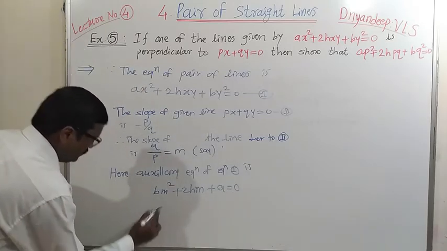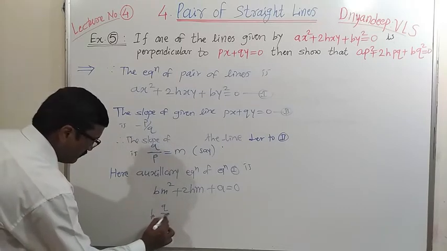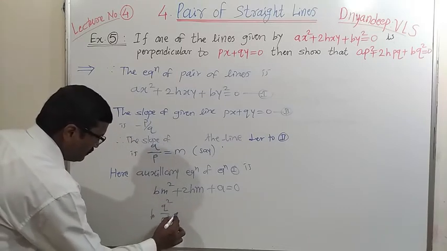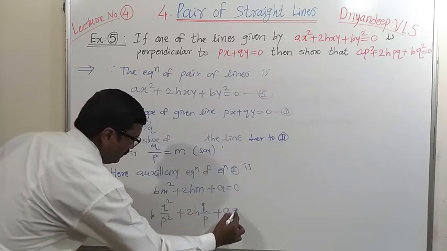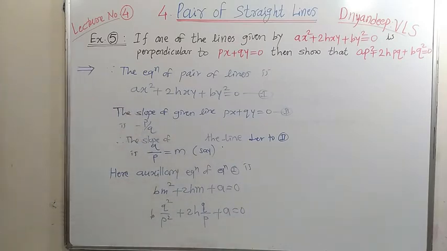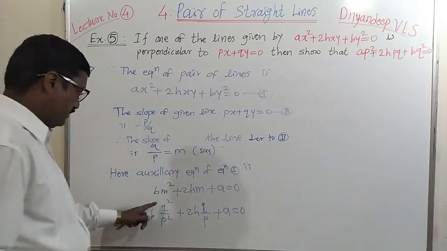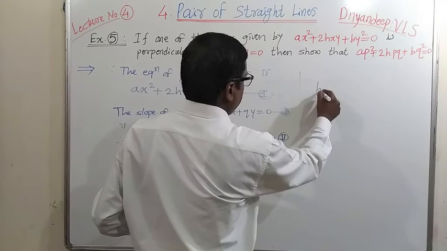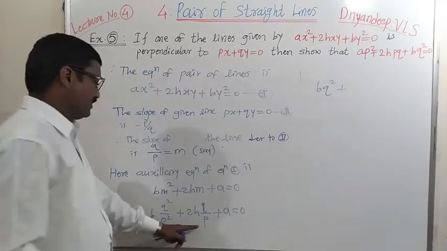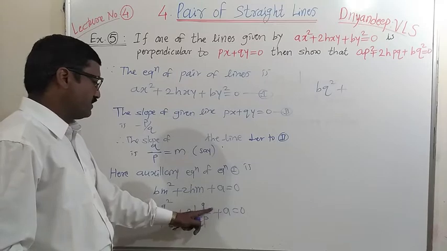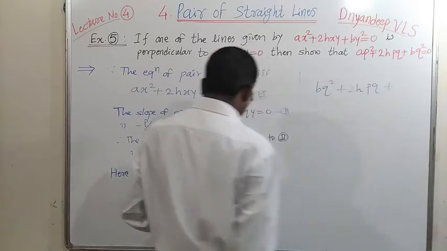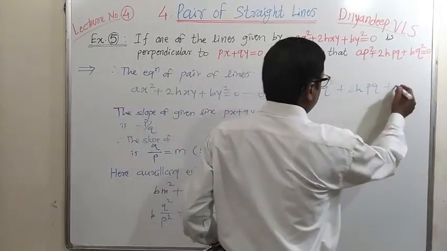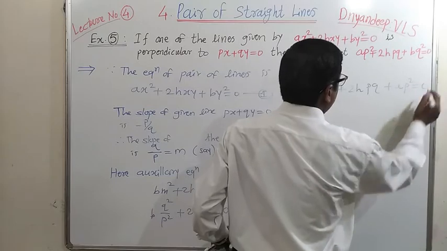So it is b into m, where m is q by p, m² is q²/p², plus 2h m, where m is q by p, plus a equal to 0. Okay. So now multiply each term by p², you get bq² plus, multiplying by p², one p gets cancelled, remains p, so 2hpq, plus multiplying this by p², you get ap² equal to 0.